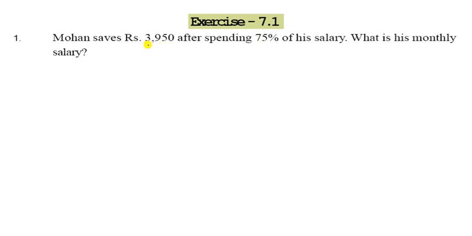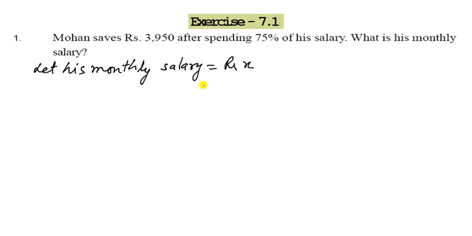Mohan saves rupees 3950 after spending 75% of his salary. What is his monthly salary? So let his monthly salary be equal to rupees X. So spending is 75% of his salary.